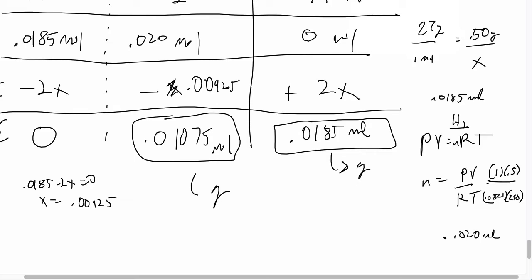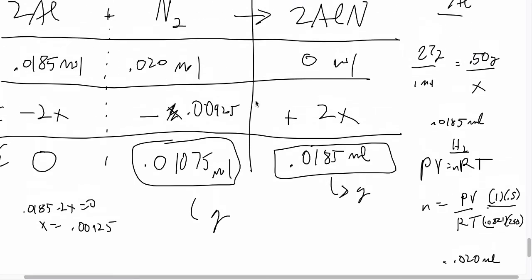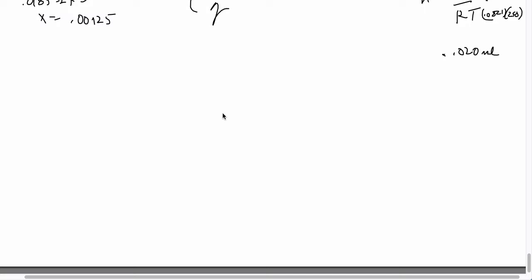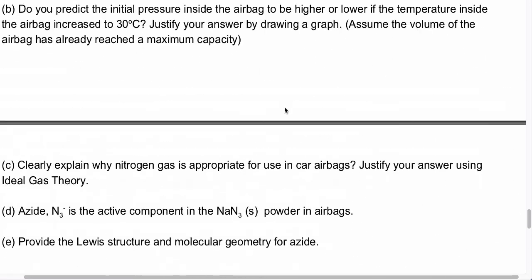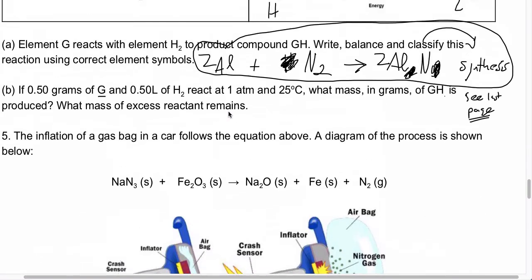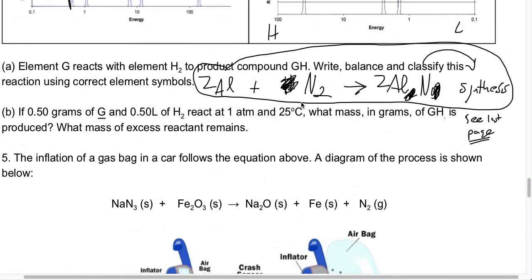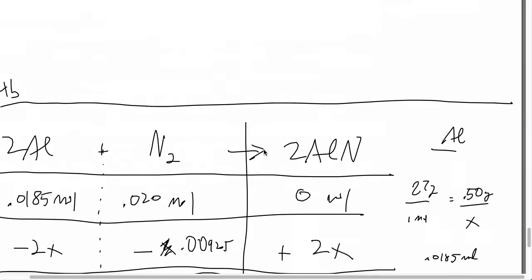So now we're at this point where we have to convert each of these to grams. So let's go ahead and put our answers here. They wanted the mass of AlN that is produced and the mass of excess reactant that remains.